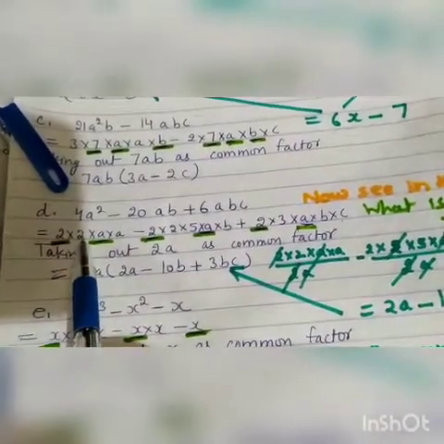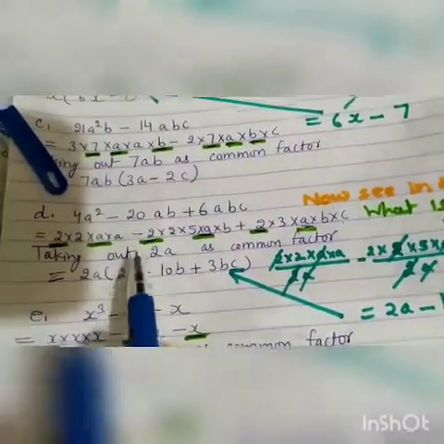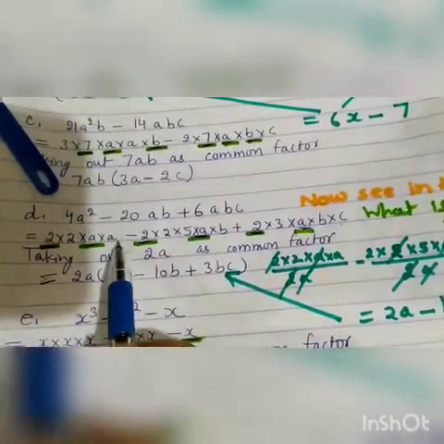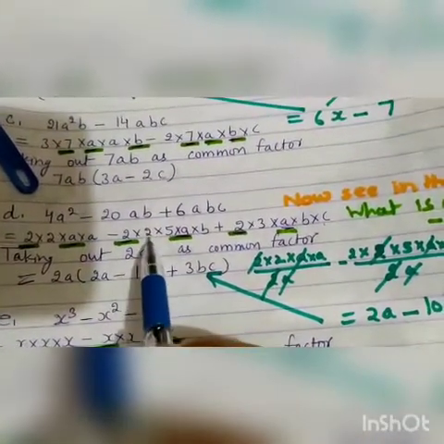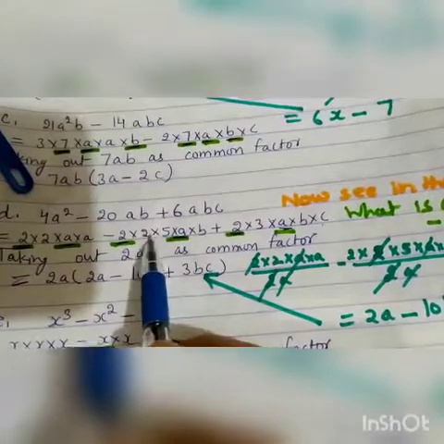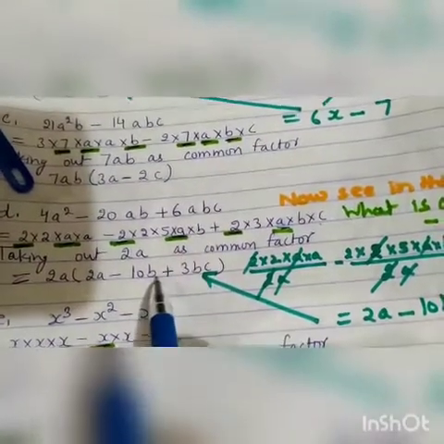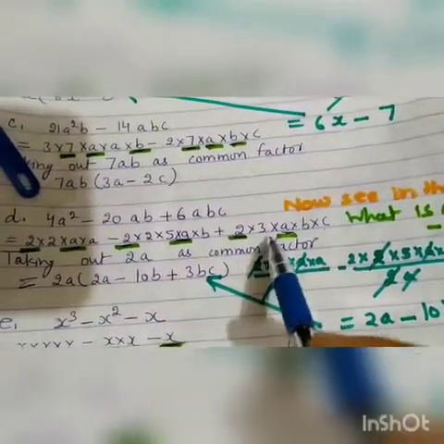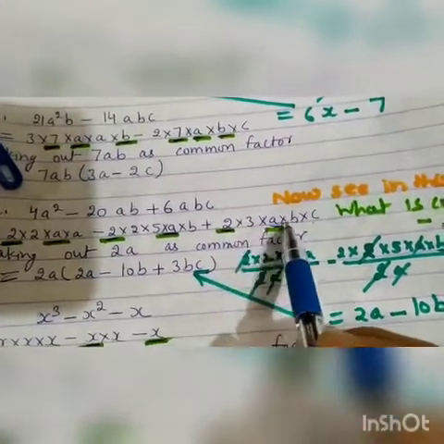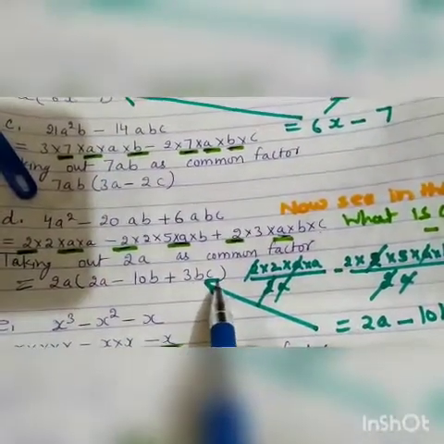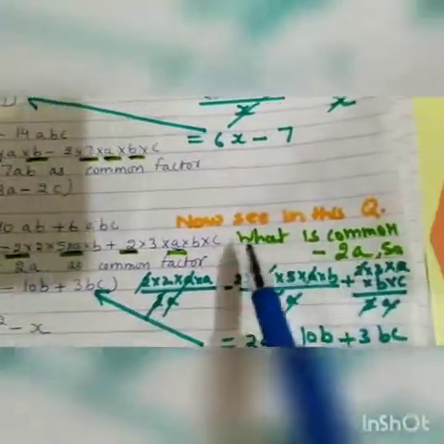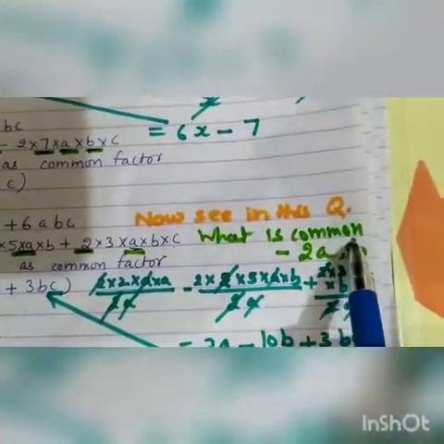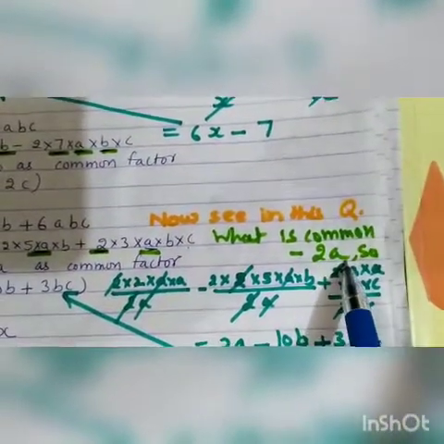Now what is left in the first term? This 2 and this a. So we will write 2a here. Then minus, what is left here? This 2 multiply 5, 2 5 is 10, then this b. Again this plus. Then what is left in the third term? 3bc. Now see in this question what is common? Common is 2a.